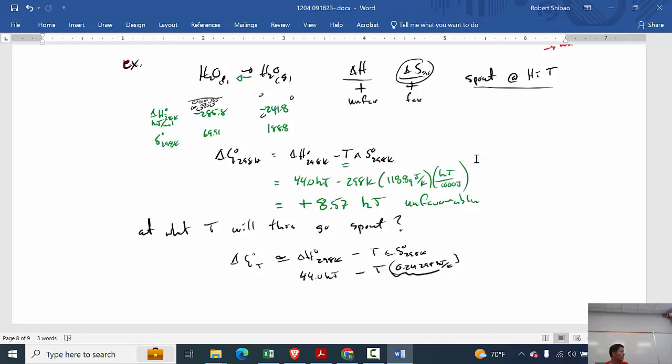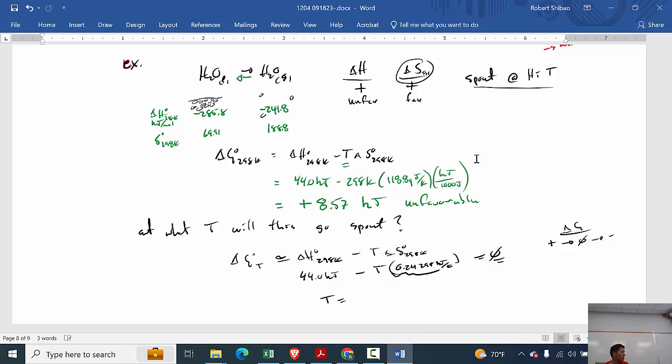In other words, we're going to set this equal to 0. If we set this equal to 0, then the plus 44 has to be canceled out by minus 44. So this is where it's going to transition, when delta G is equal to 0. Currently we're going from positive to 0 to negative for our delta G. That's what we want. And so this is where it transitions.